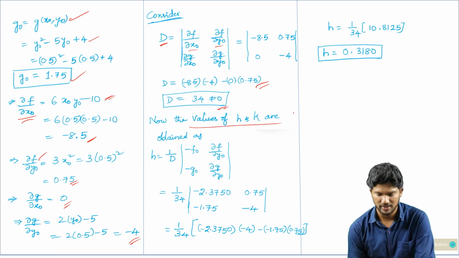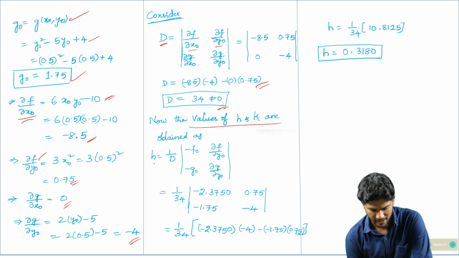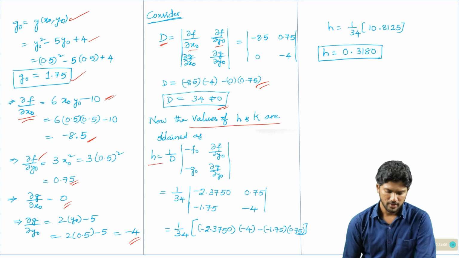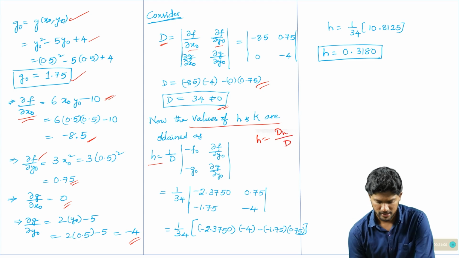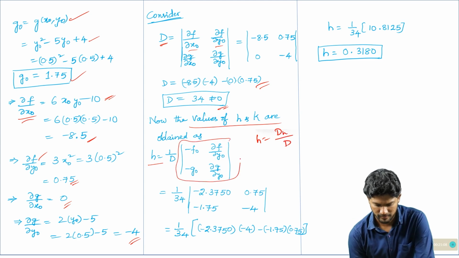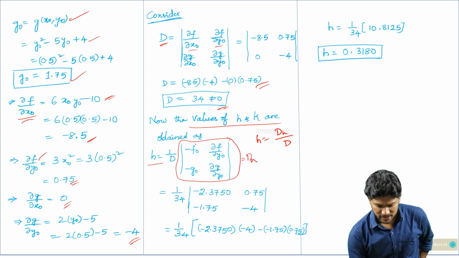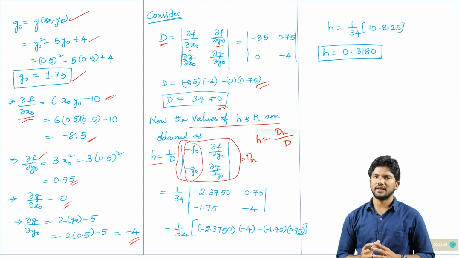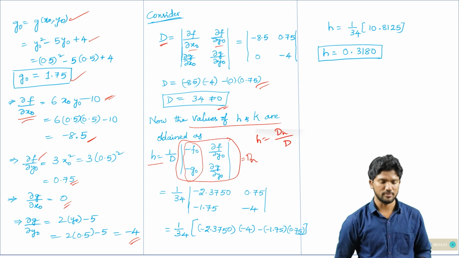So now the solutions are h and k. We have to obtain them: h is equal to D with respect to h divided by capital D. That means in the h column, the coefficients are replaced with the constant matrix, where the constant matrix is the RHS values of equation number 4.